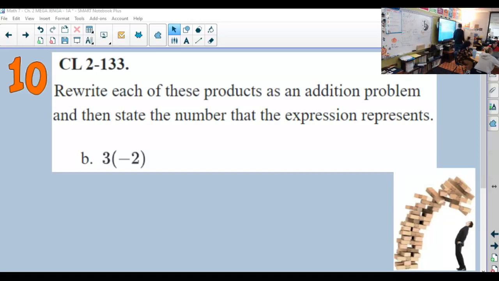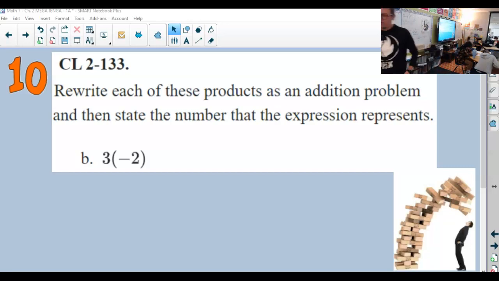3 times negative 2. What? You have to turn it into a yeah. Jane, what did you get? This multiplication is turned into addition. We in class took additions and made them multiplication. Remember, you can use anything from this chapter right now.